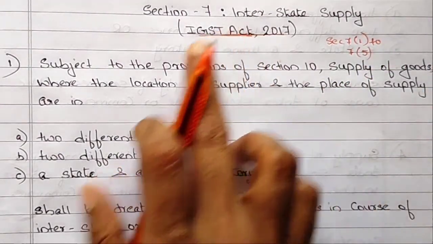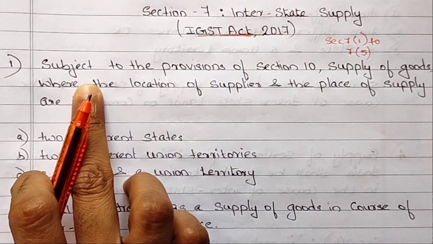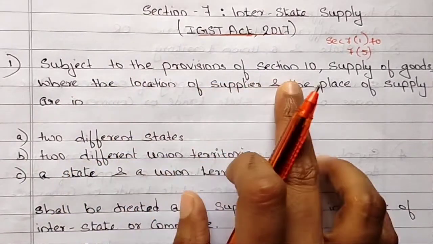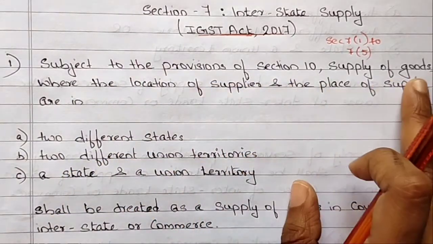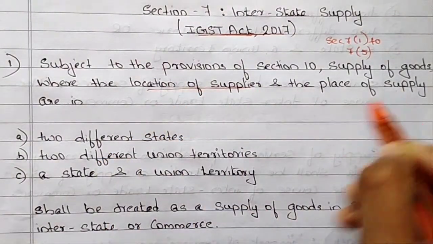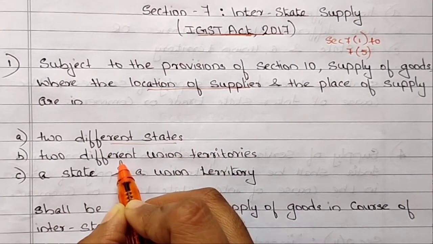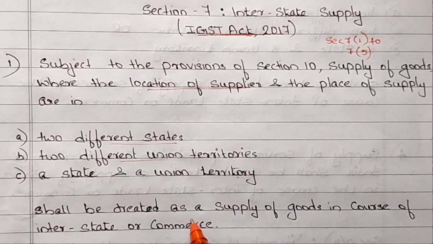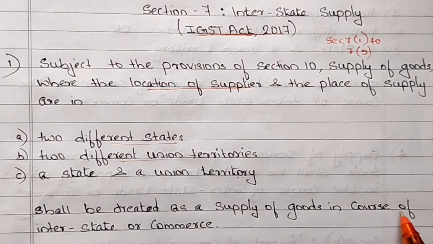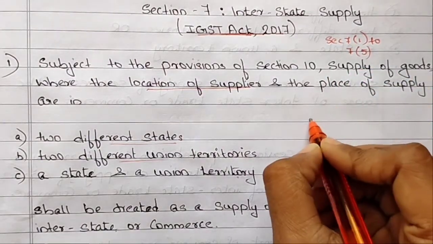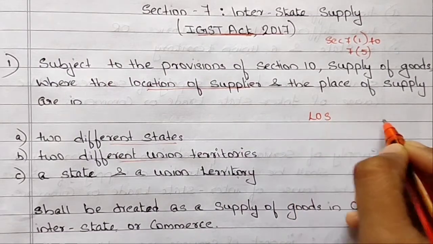The first subsection, section 7(1), says that subject to the provision of section 10, the supply of goods where the location of the supplier and the place of supply are in two different states, two different union territories, or a state and a union territory, shall be treated as a supply of goods in the course of interstate trade or commerce. Here we have to look at two factors: location of supplier and the place of supply.